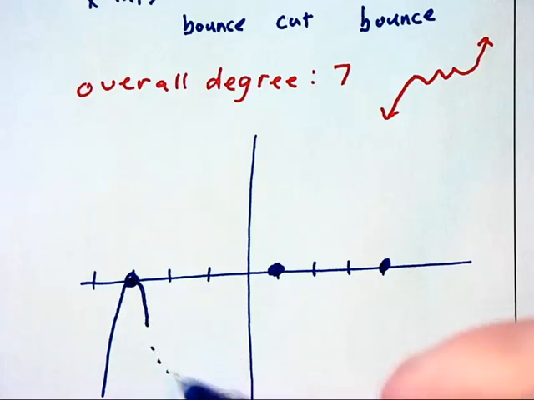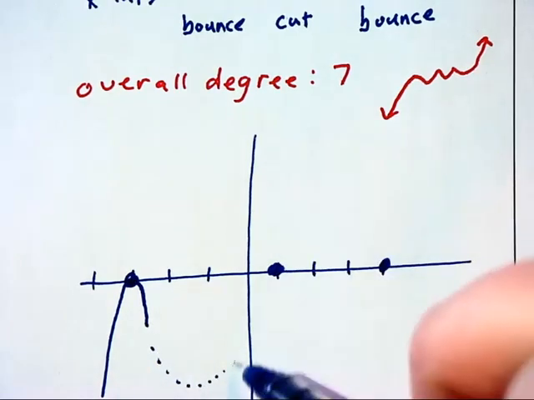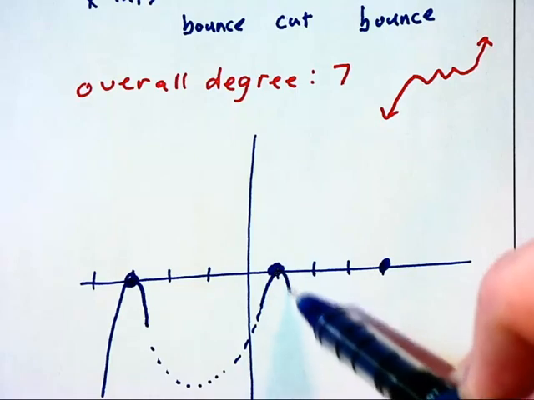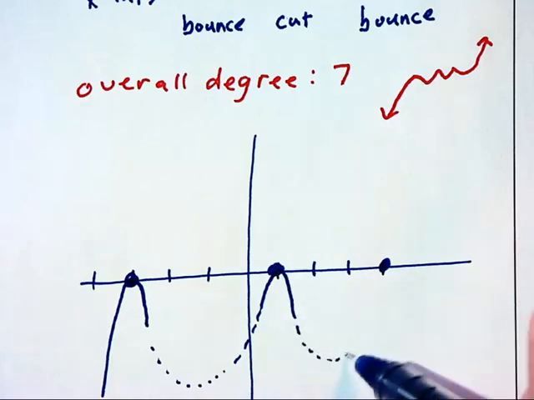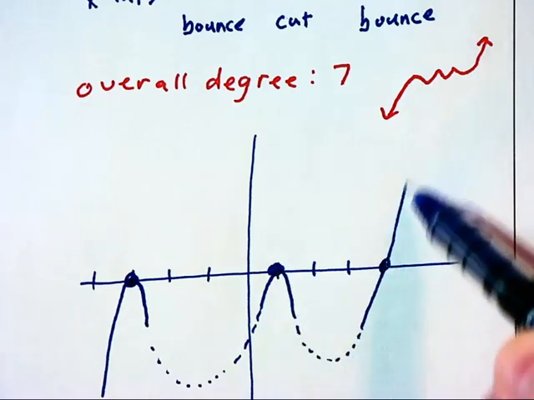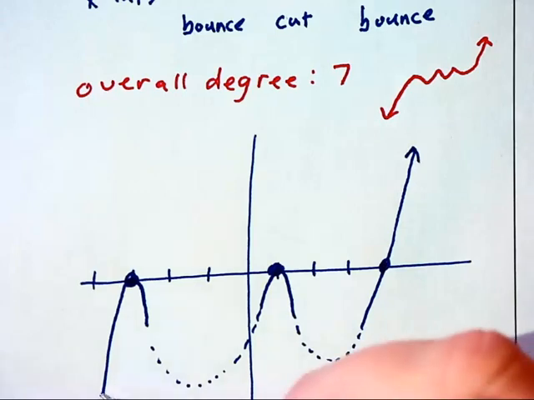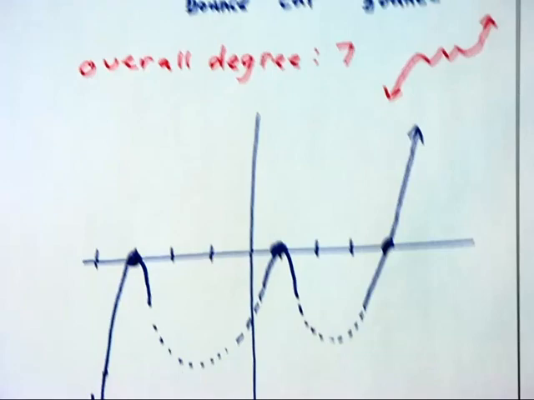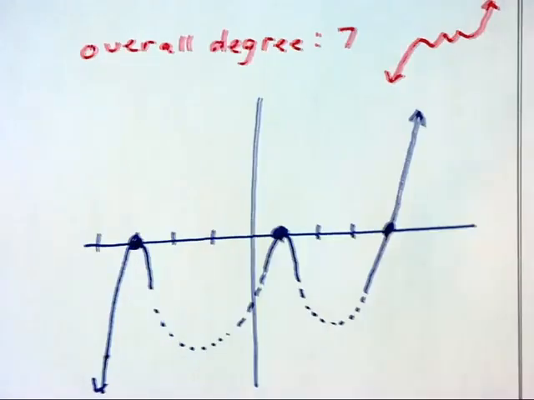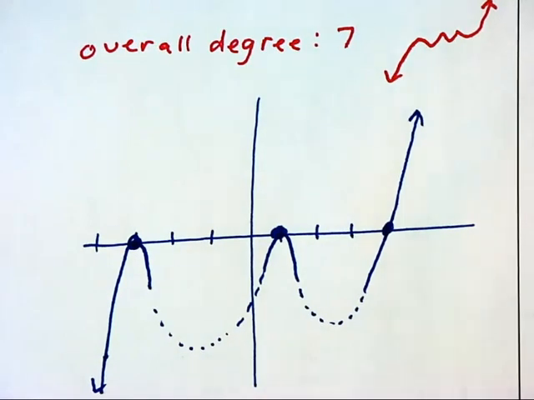What's going to happen in the middle here? I don't know. At 1, it's going to come up and bounce again, and then it's going to go up and continue going up as it crosses through over here at 4. So it's not a full graph, but it's a sketch of what's going to be happening and where the graph is going to be positive and negative.